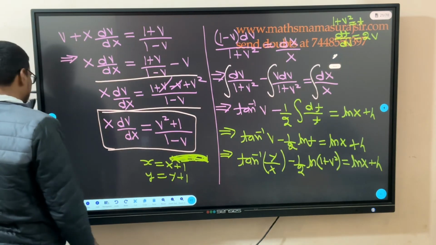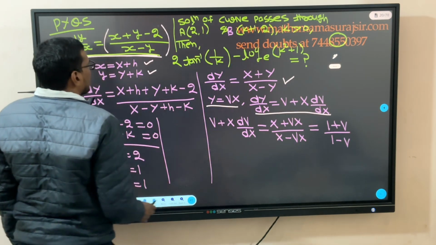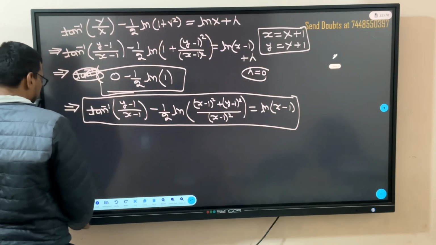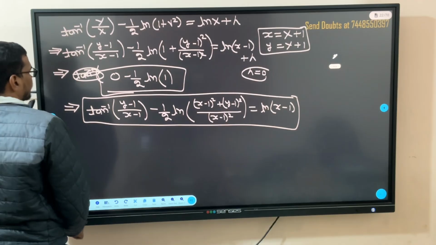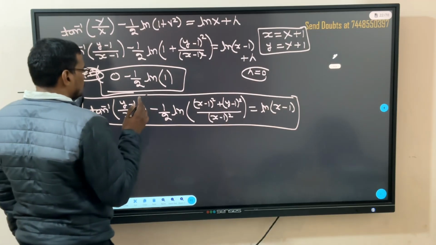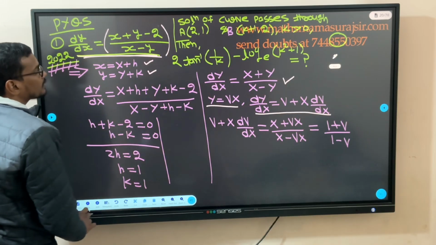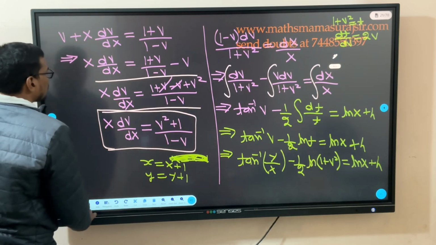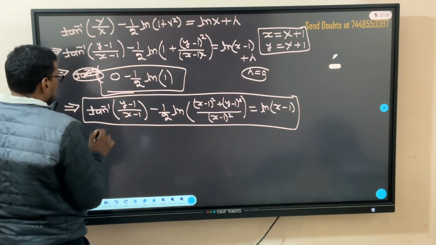See guys, next is (k plus 1, 2). It's also passing through (k plus 1, 2). So if it is passing through (k plus 1, 2), what is the case? So x is k plus 1, y is 2.